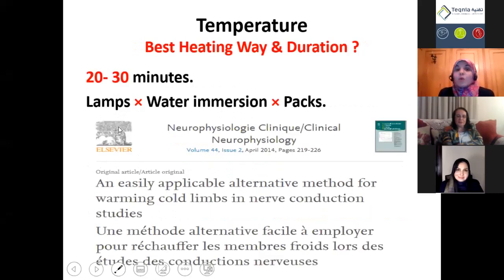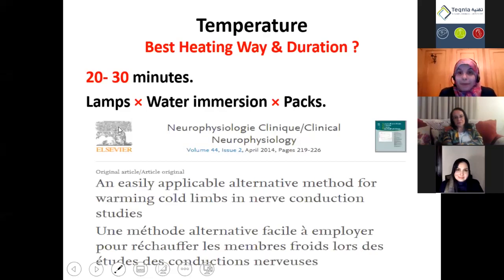And the best duration of heating is around 20 to 30 minutes, right? And the best way: heating lamps, water immersion, or local packs. And this is an article that showed that very simple ideas work. You don't need to immerse the patient, no need to put lamps on the patient. Just putting packs on the patient can work as effectively as both.